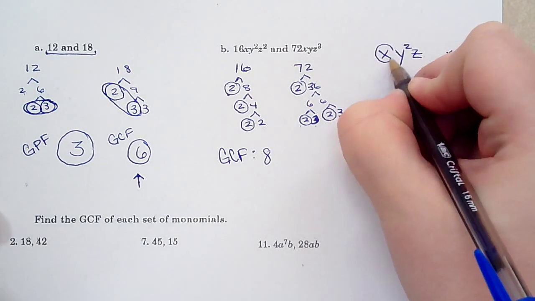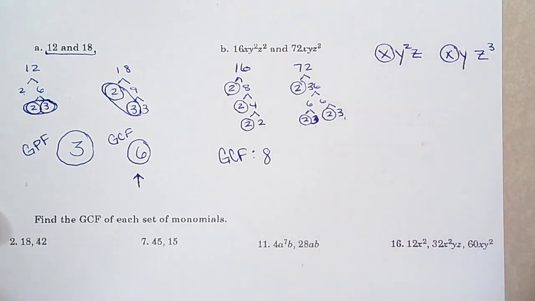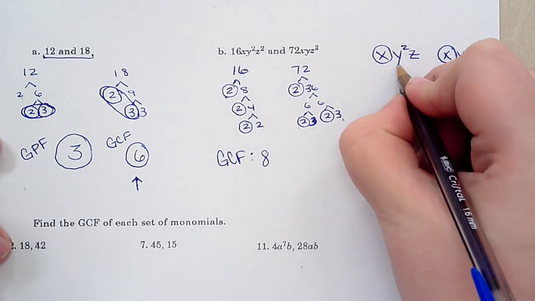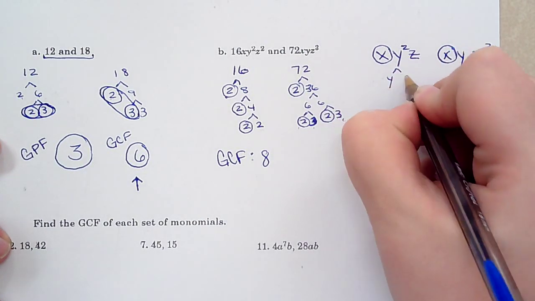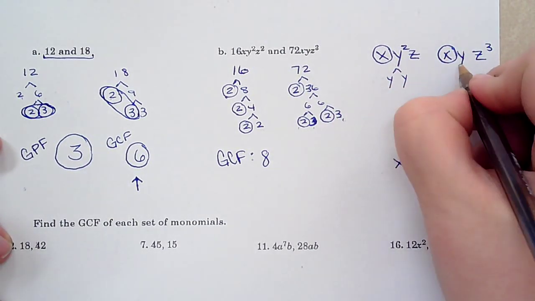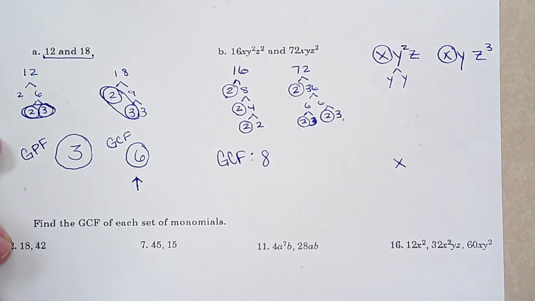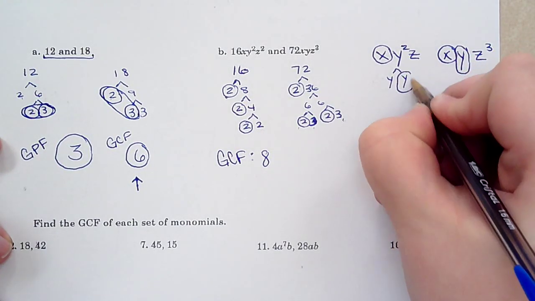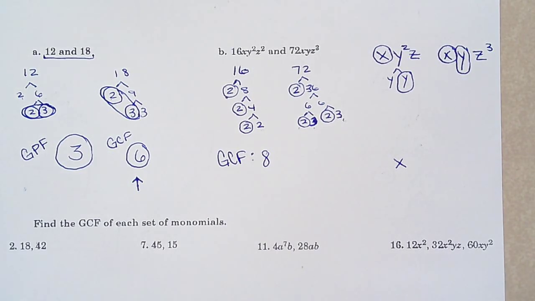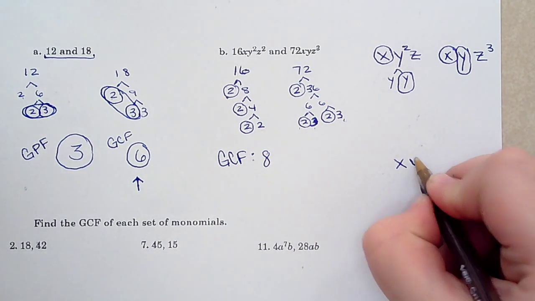I notice they both have an x, so I'm going to take that. That is going to be part of my greatest common factor. I notice this one has 2 y's. I'll break that down, y and y. But this one only has 1. So because my second one only has 1, I'm only going to take 1 from my first term. That's what they have in common, is only 1 y.